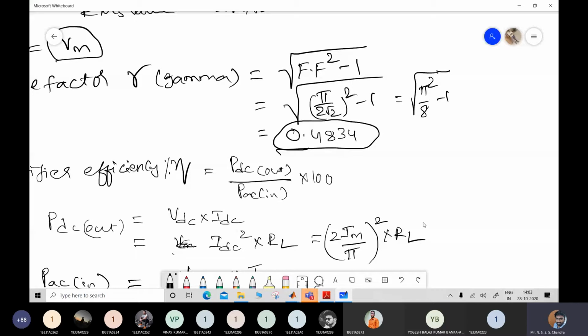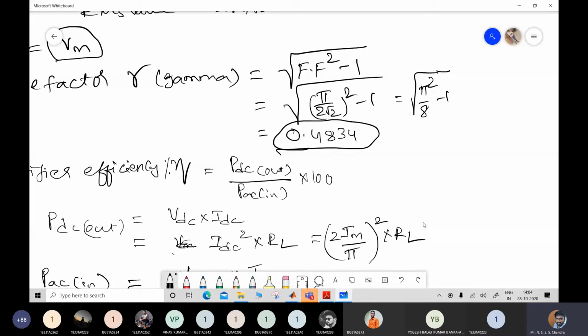In actual lab conditions, you will be doing a half wave rectifier experiment and then a full wave rectifier experiment. You will compare the gamma values, and at the last you will be including a capacitor at the output terminals. When you keep a capacitor in parallel to the load, your ripples will be lost, because the capacitor property is that it will try to maintain constant voltage across it.